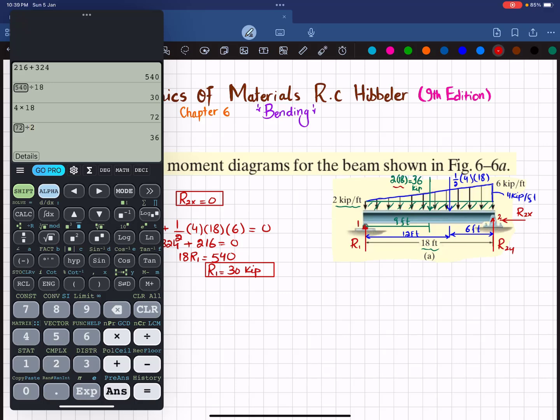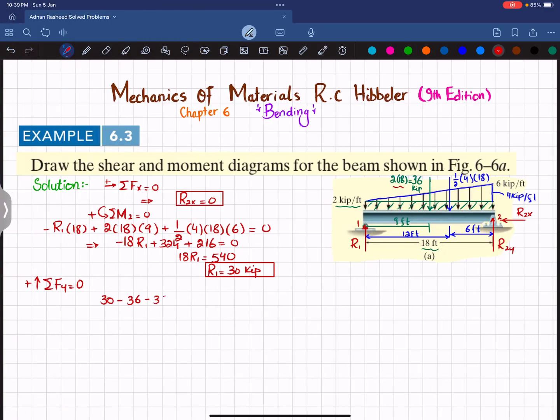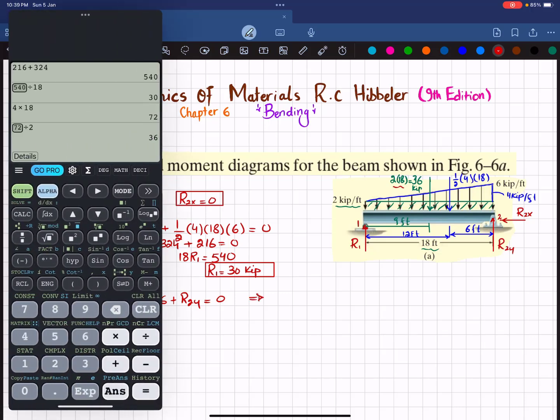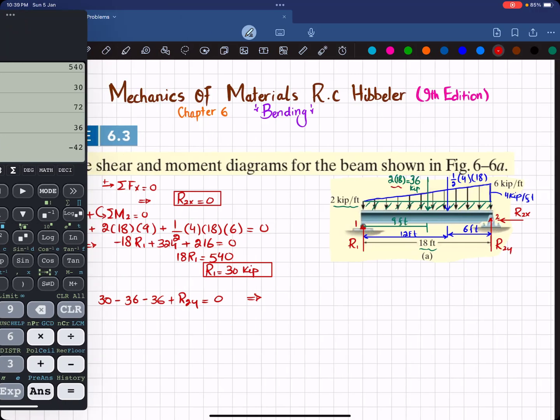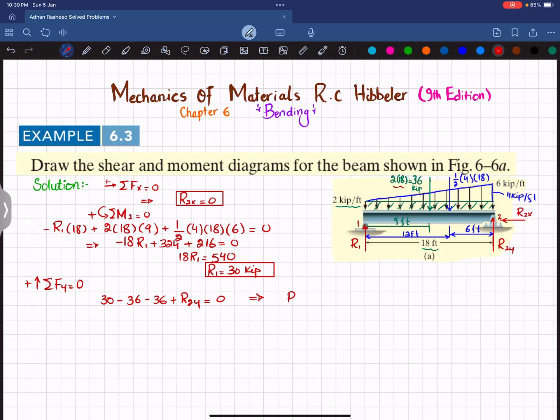It is also 36. So 30 minus 36 minus 36 plus R2y is equal to 0. So from here you will get 30 minus 72 is minus 42, so R2y will be equal to 42 kips.